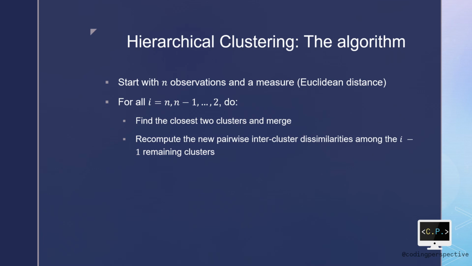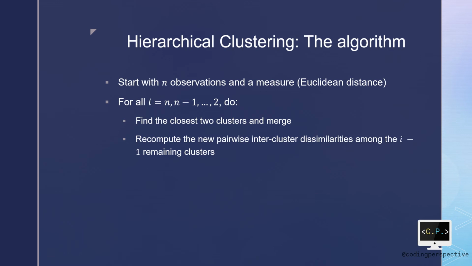So, in our algorithm, we begin with n observations and a measure, such as Euclidean distance, of all pairwise dissimilarities. We treat each observation as its own cluster. For i, starting from n till 2, we do the following. Examine all pairwise intercluster dissimilarities among the i clusters.